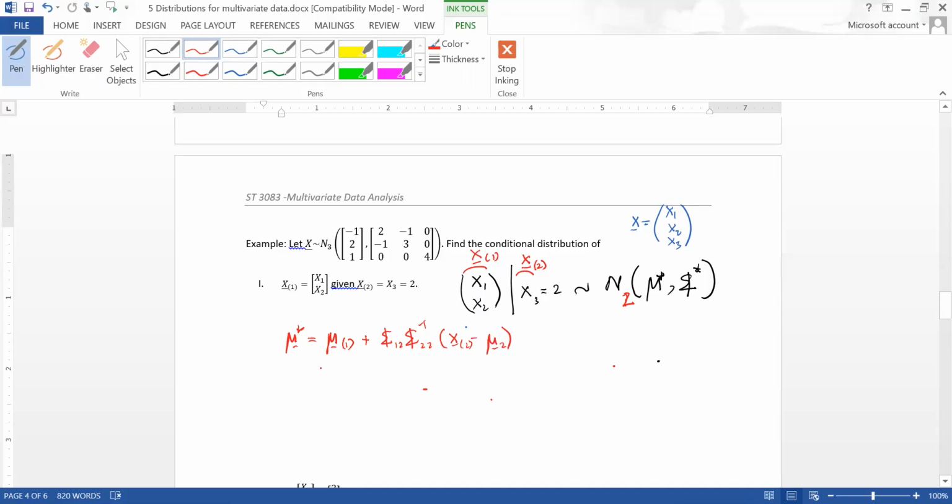Right? Now, what's mu1? The mean of what we have to find the distribution of, x1, x2.